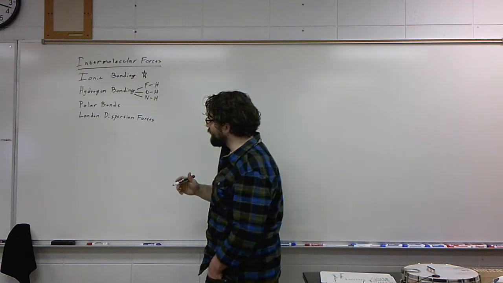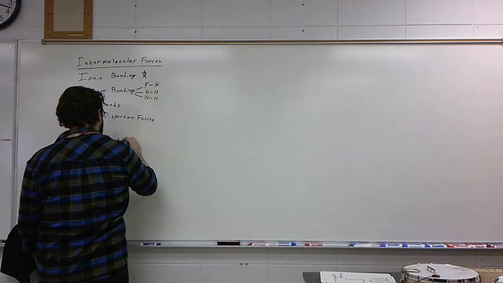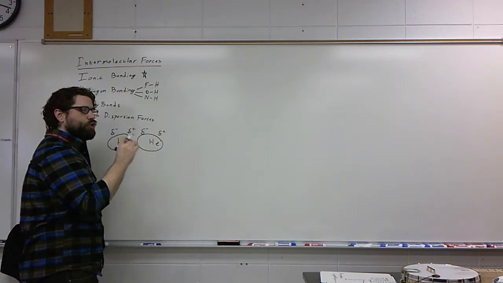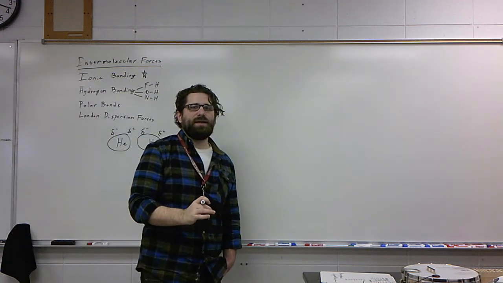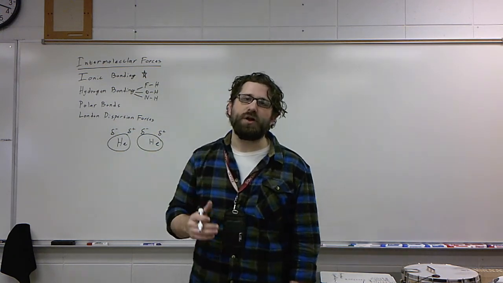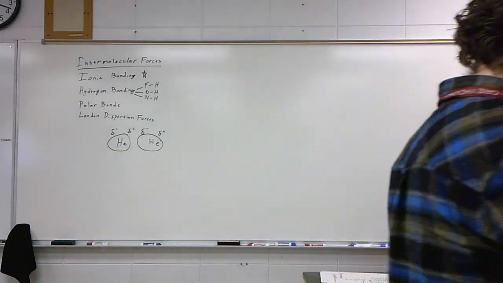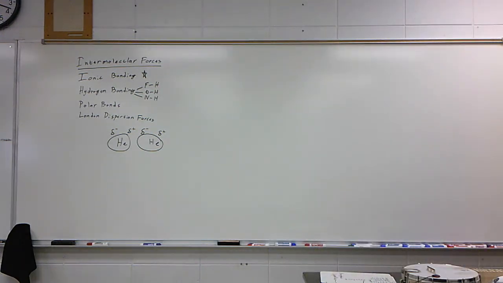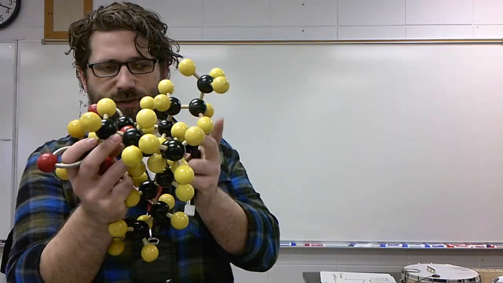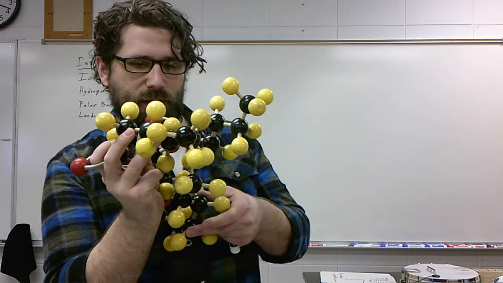For something like helium, helium to helium, this would be incredibly weak and would cause it to have an extremely low melting temperature and boiling temperature. However, in something like a lipid, which this is an example right here, I took a long time to build this because I wanted to.